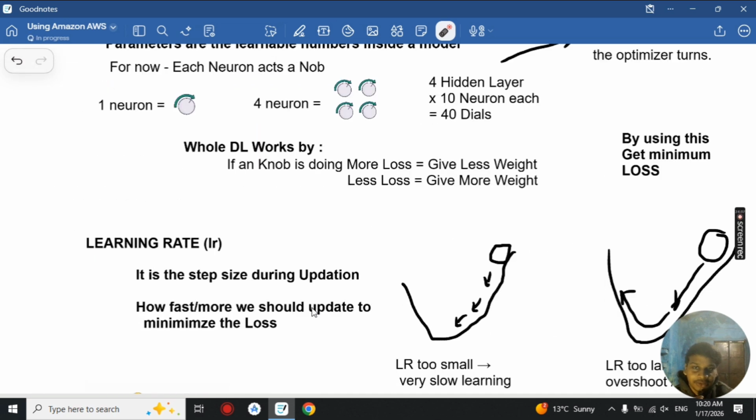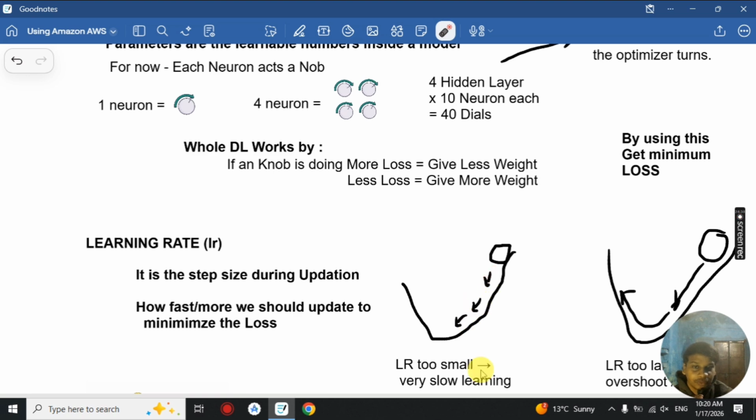Now coming to the learning rate. What is the learning rate? It is the step size during our update. This is our loss curve. The learning rate tells the optimizer how fast we should update, so we go towards the minima.